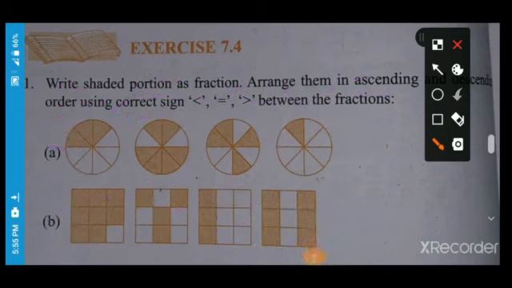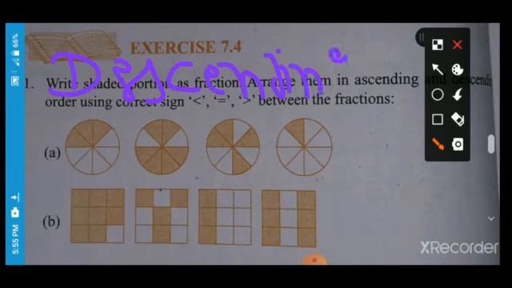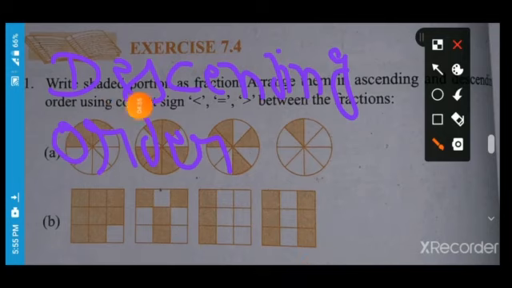And now on arranging in descending order. What is descending order? In descending order, the greatest number comes first, then the greater, then the smaller, then the smallest.